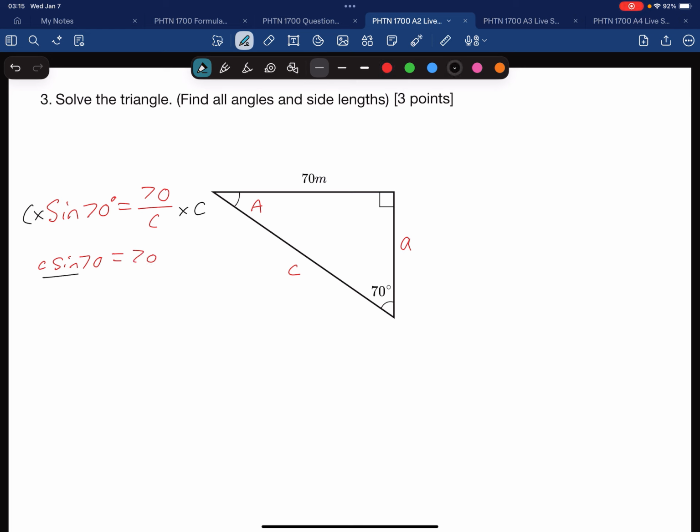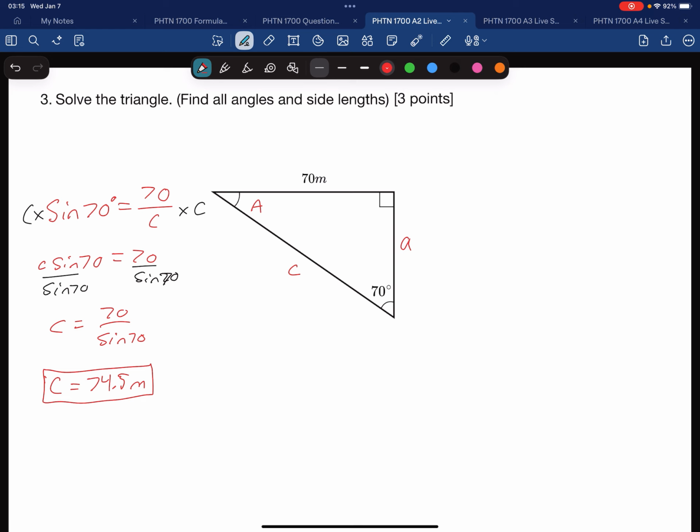Now I'm going to divide both sides by sine 70. And I get C equals 70 over sine 70. And that gives me a side length of about 74.5 meters in this case. We are given units of meters.